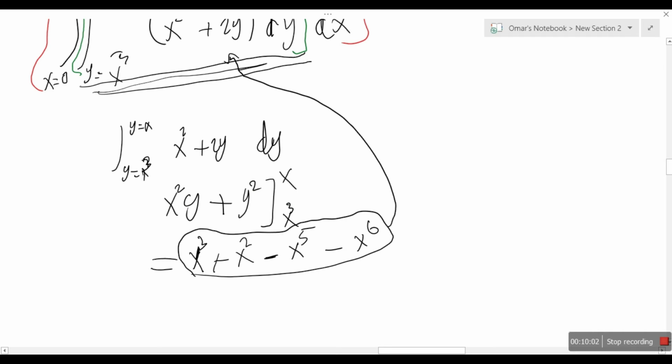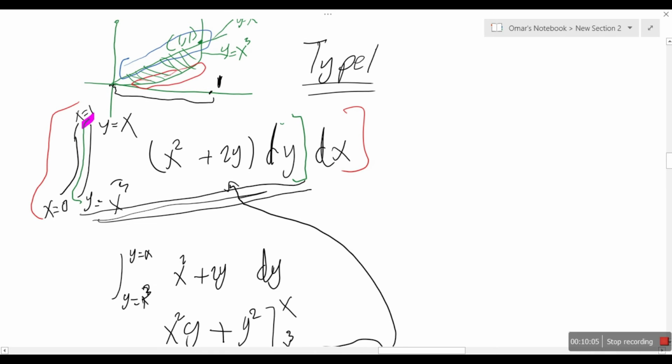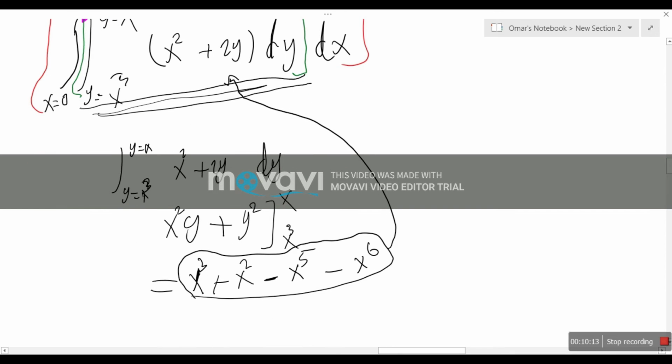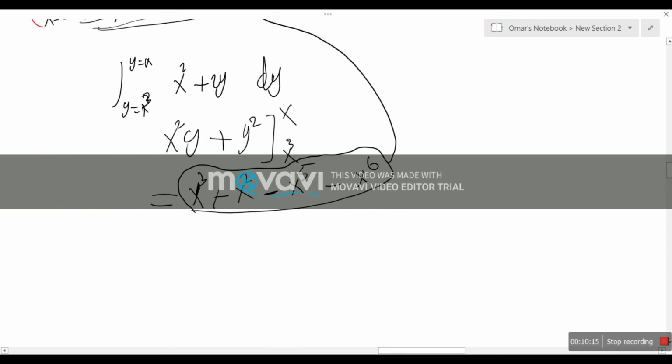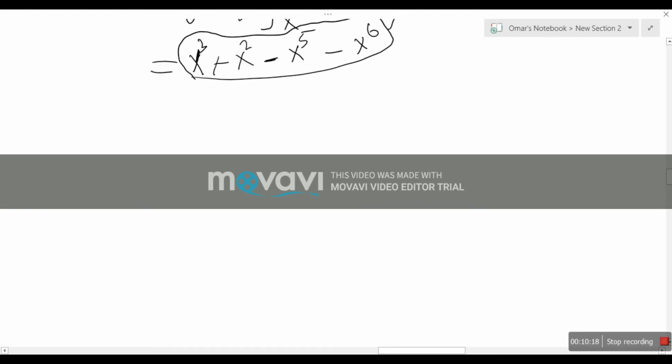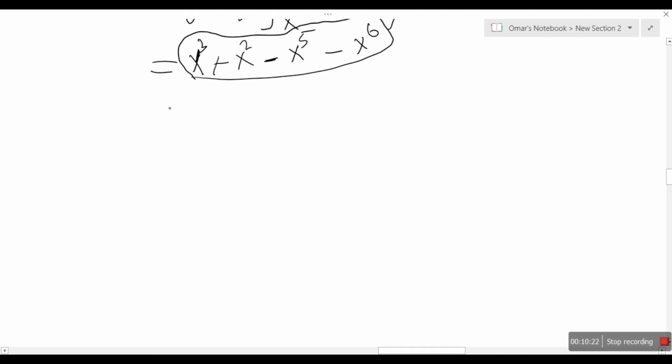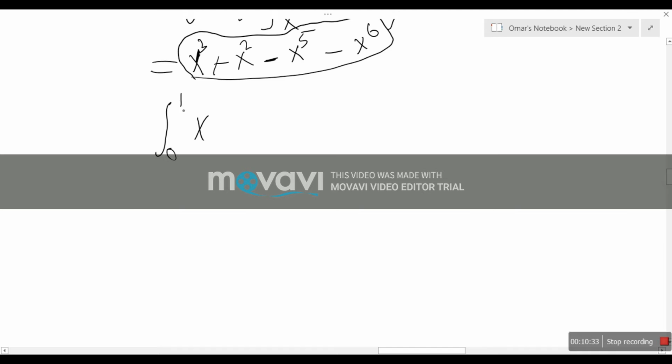Now we're going to do the second one, the red one, and we're going to substitute what we got over here in there. The limit of integration for the second integral, that's why it's called a double integral, is 0 to 1.